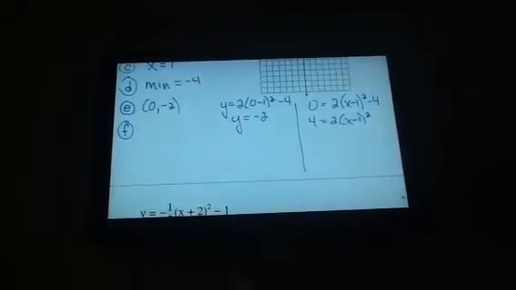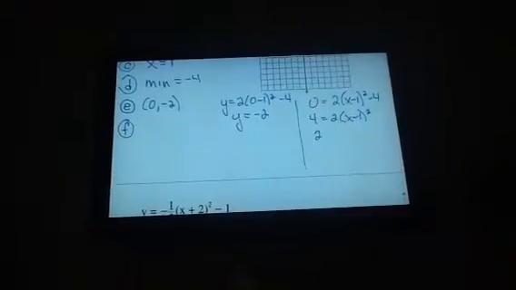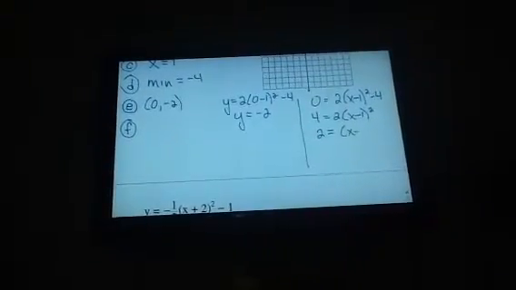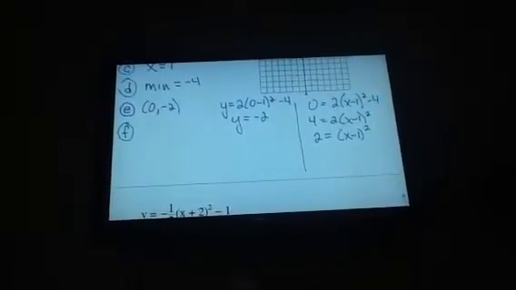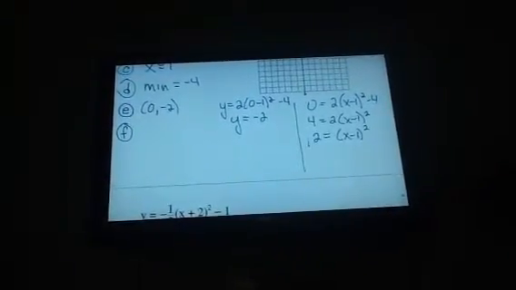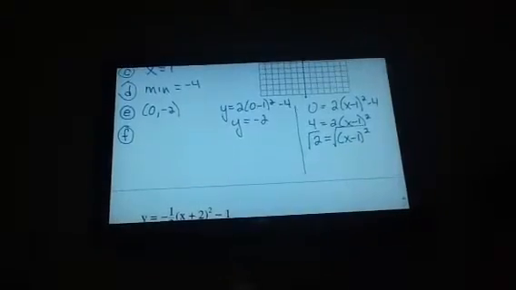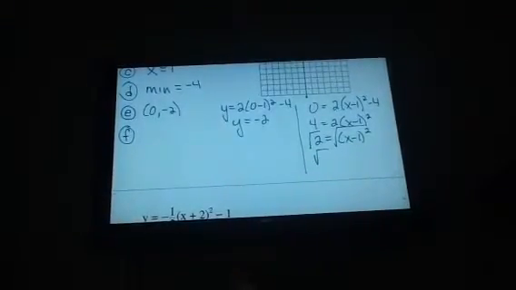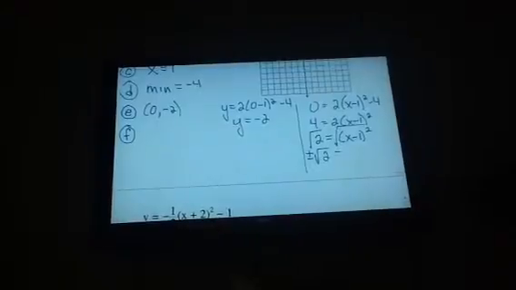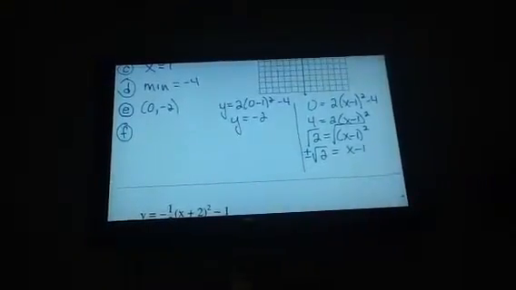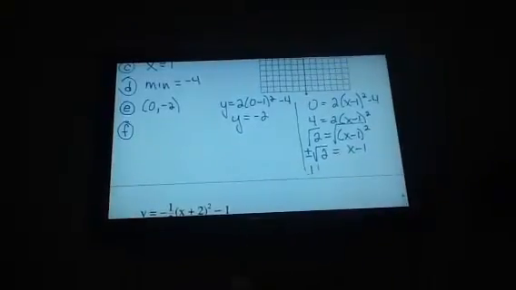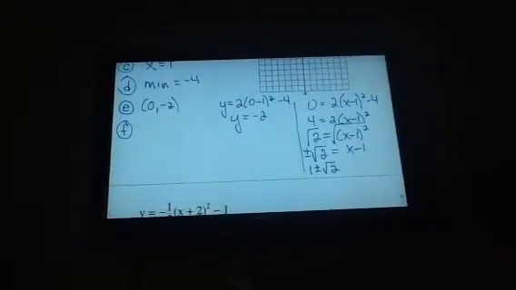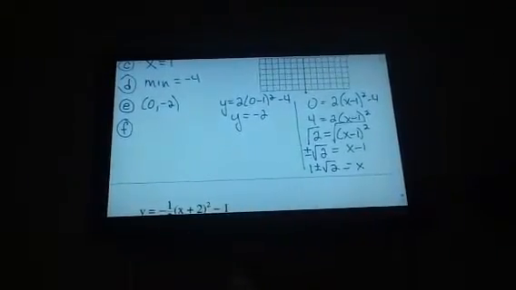Divide by 2. So 2 equals x minus 1 quantity squared, and then square root both sides. So plus or minus square root 2 is x minus 1. And then bring my 1 over. So I'm not doing anything new. You just did this today on your assessment. And x is 1 plus or minus square root 2.